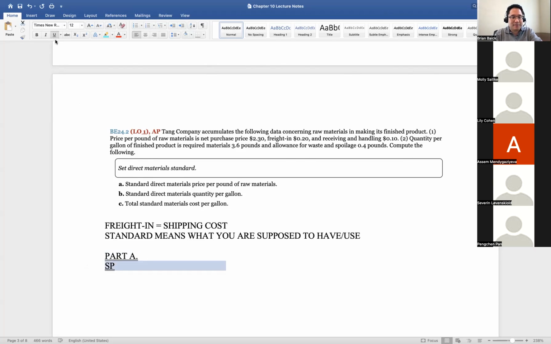It says raw materials are supposed to cost $2.30, plus the shipping is supposed to be 20 cents, plus the handling is supposed to be 10 cents, right? So how much are you supposed to spend for each pound of material? $2.60. That's standard price. Standard price means what you expect.